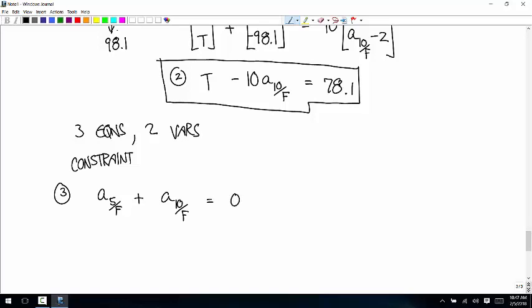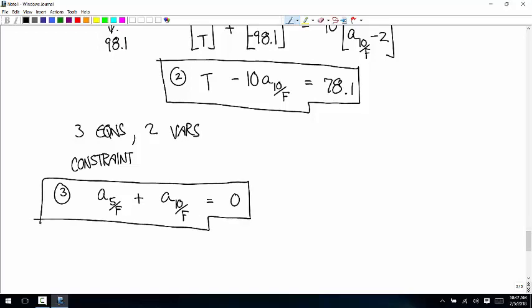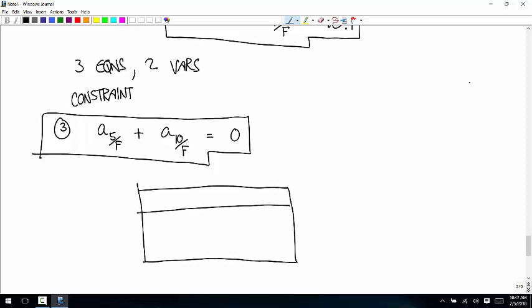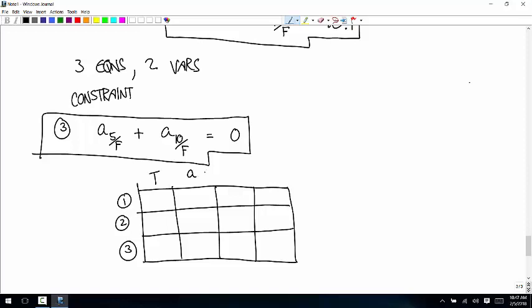And the same reasoning as in part A. So that's equations 1, 2, and 3. And the variables are T, A5 relative to the floor, A10 relative to the floor, and constant.